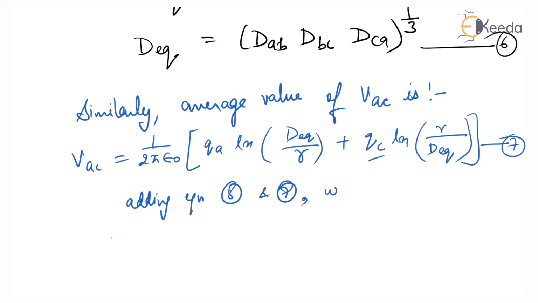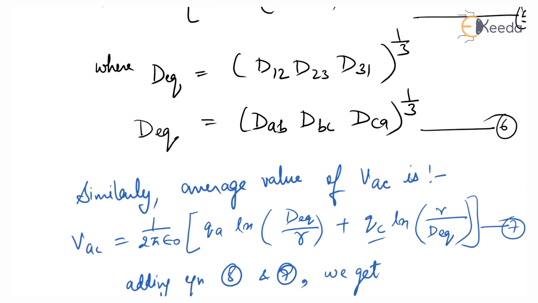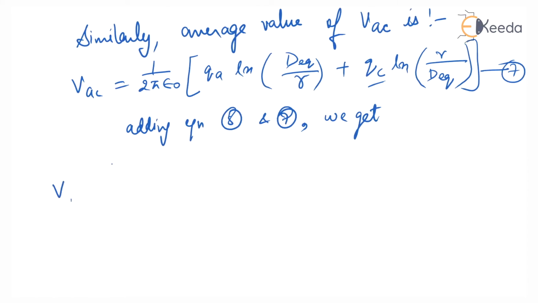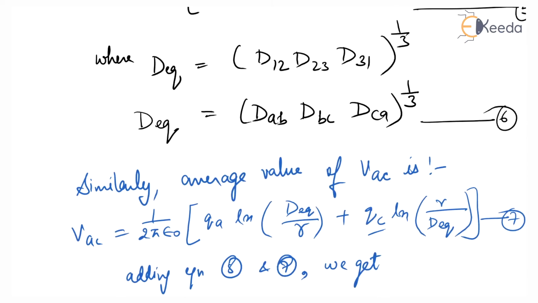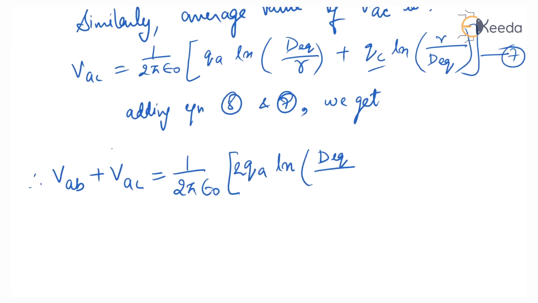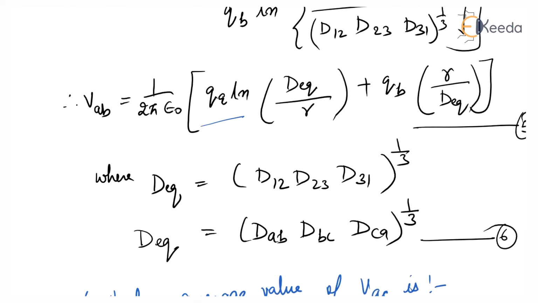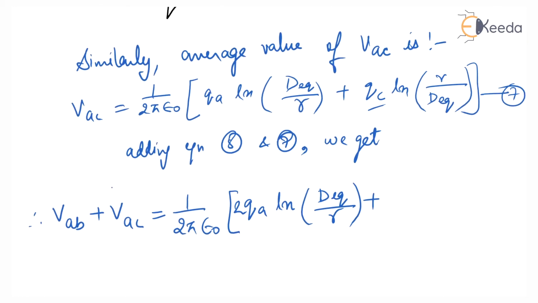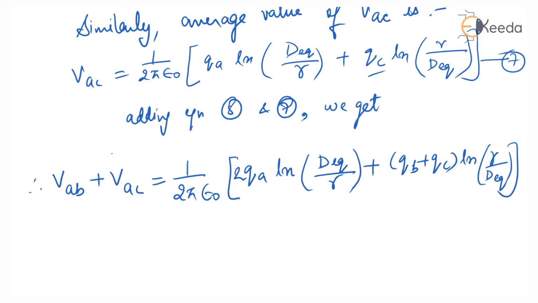So after adding equations 5 and 7, VAB plus VAC is equal to 1 upon 2 pi epsilon naught, 2 QA log DEQ by R plus (QB plus QC) log R by DEQ. This is equation number 8.